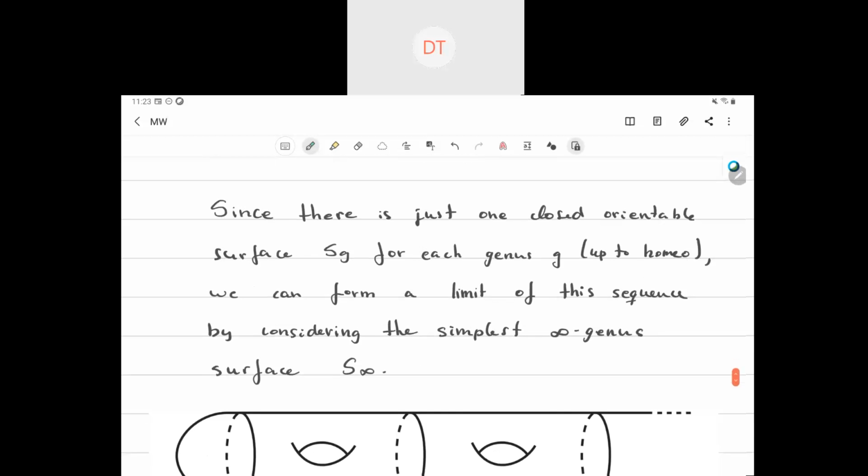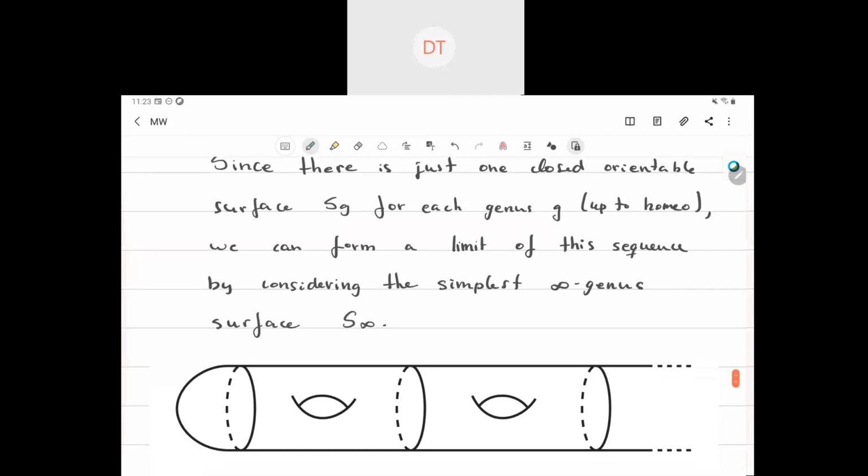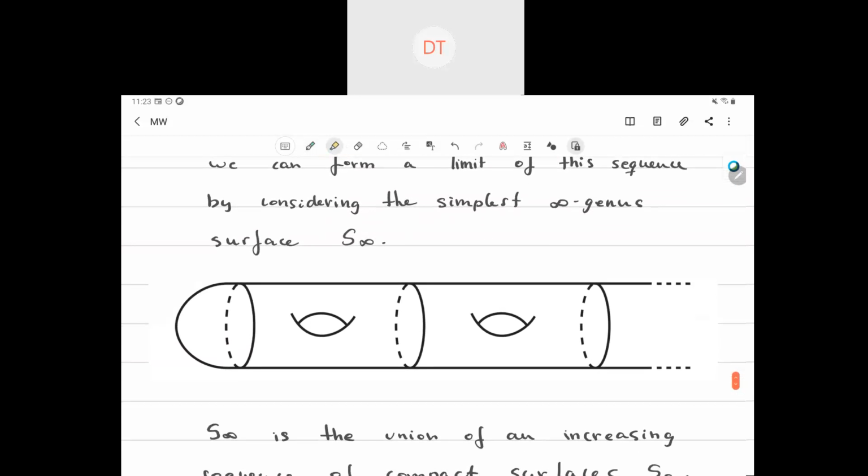And how would we do this amalgam over all choices of S? What we do is we pick an S_G for every genus, and we pick it in a smart way such that we can form a limit of this sequence of choices, and we get this S infinity. By infinity I mean the genus is infinity.